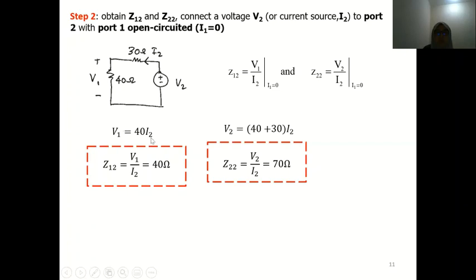So your V1 is equal to 40 I2, and your V2 is equivalent to 40 plus 30, times I2.